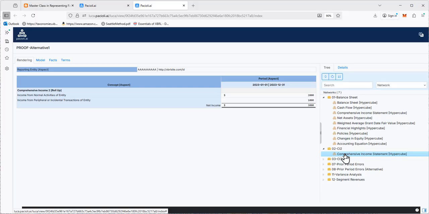And to keep the application from messing up, you separate the hypercube structures in a network.